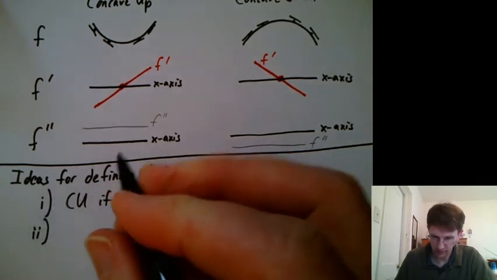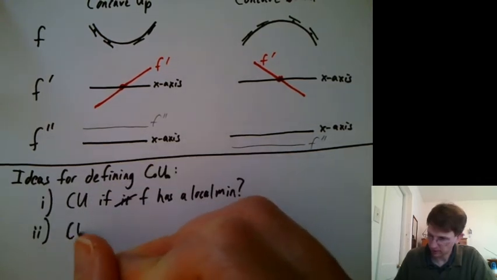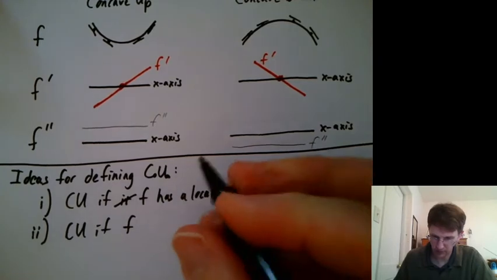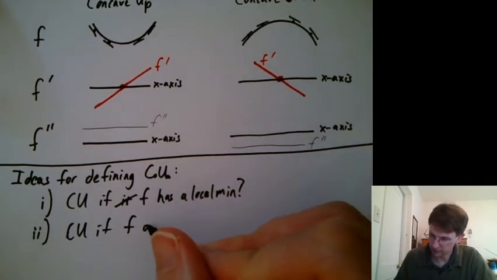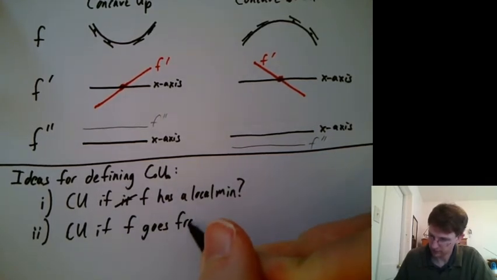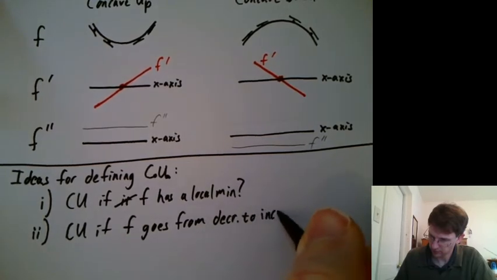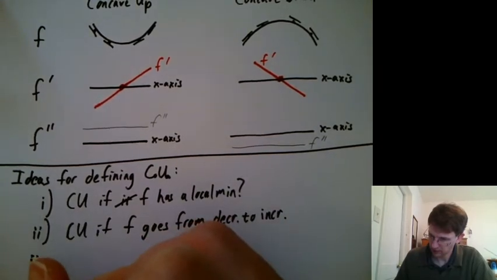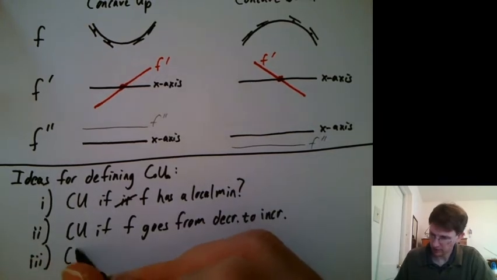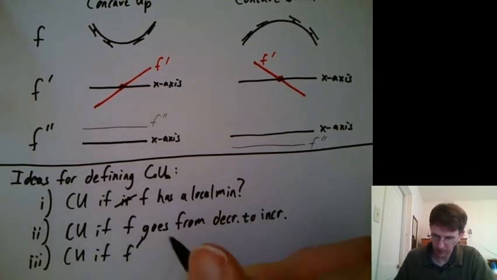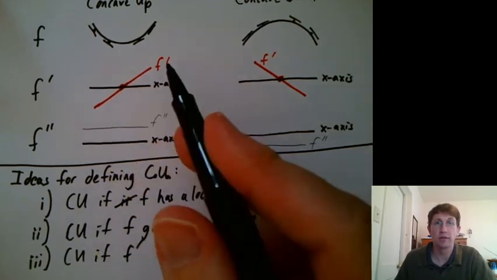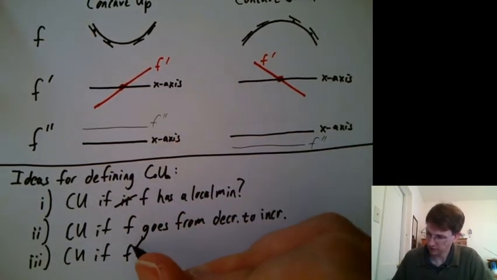Another one was concave up if f goes from decreasing to increasing. Another one was concave up if f prime goes from negative to positive. What do you think?